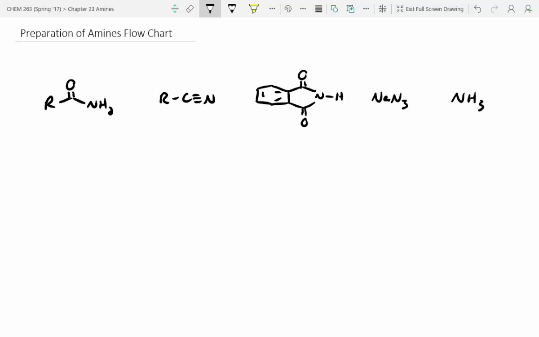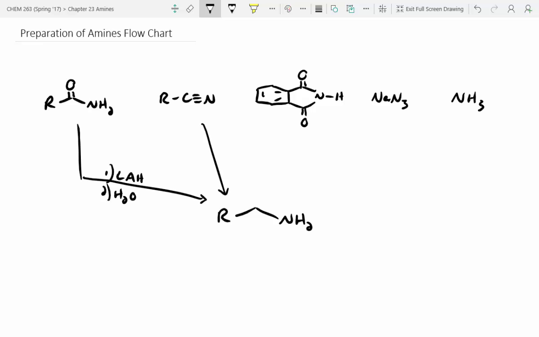All right, so let's take a look at the amine we're trying to make and then fill in the boxes for the reagent conditions. So for an amide, what reagent would we need to accomplish this transformation? LAH. So we can reduce it. And H2O, that works.